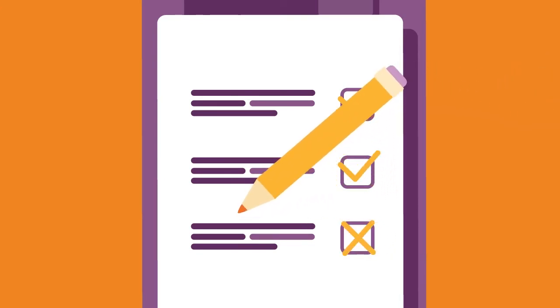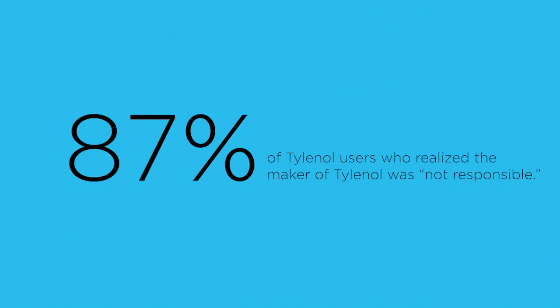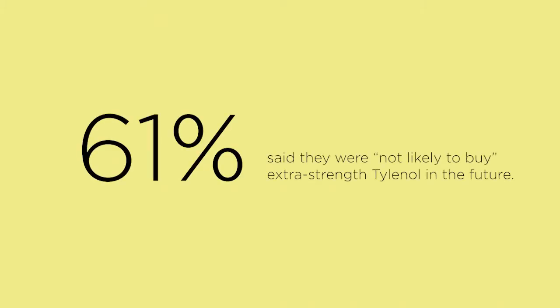The results yielded 87% of Tylenol users who realized the maker of Tylenol was not responsible for the deaths. However, 61% said they were not likely to buy Extra Strength Tylenol in the future.